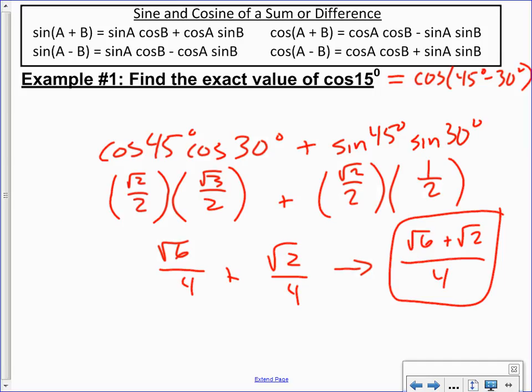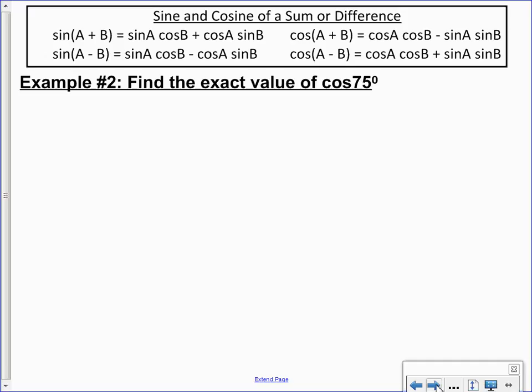Here's the second example: cosine of 75. You want to use 45 and 30 again? Fine.